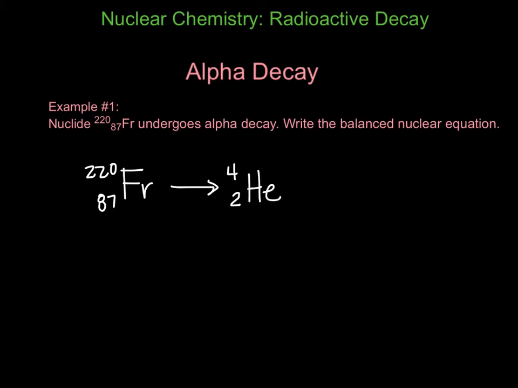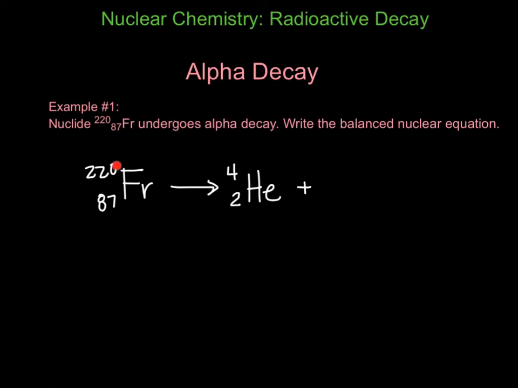Our decay equations are always going to have our emitted radioactive particle on the product side, because we're emitting it from whatever isotope we are starting with. And from our nuclear chemistry introduction video, we said that the sums of our top and bottom numbers, our atomic masses and our atomic numbers, have to be the same on the product and the reactant side.